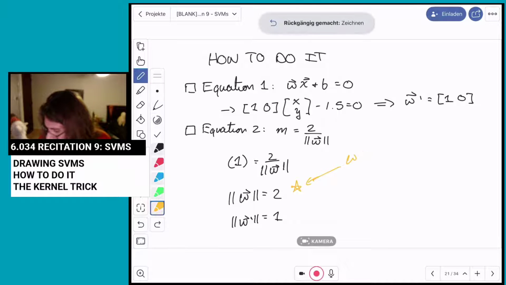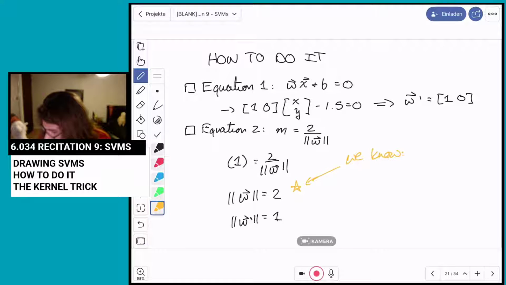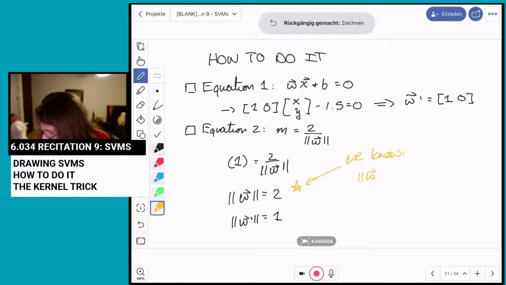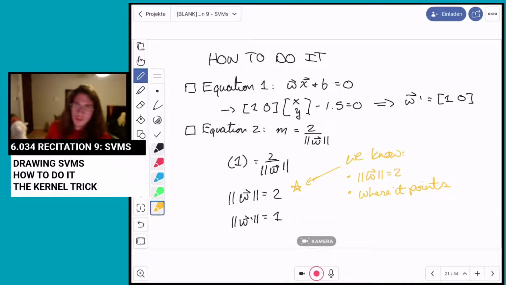So now we know, at least for now, let's highlight what we know so far. We know the magnitude of W is equal to 2, and we know where it points. And if we think it's flipped, then we could just multiply.